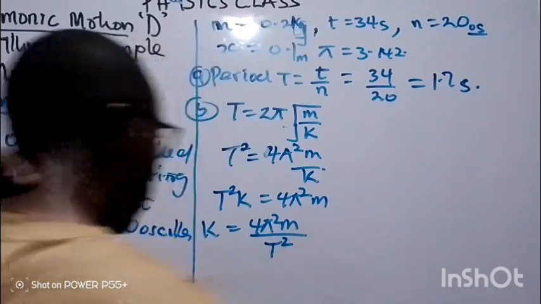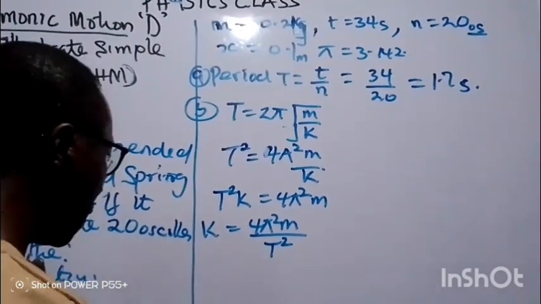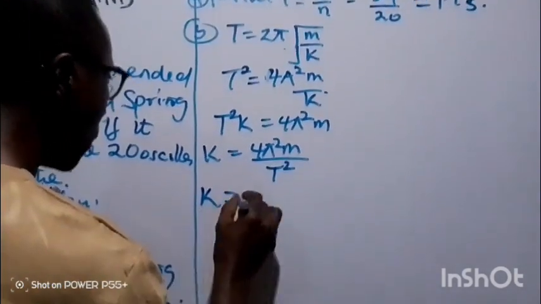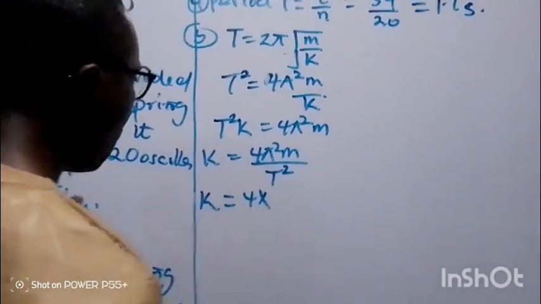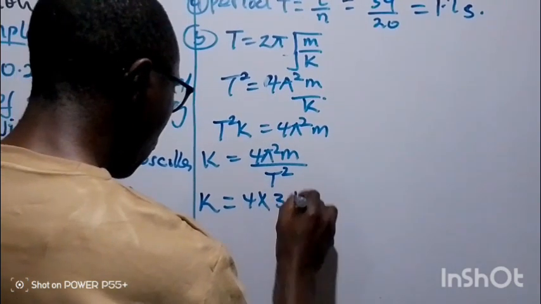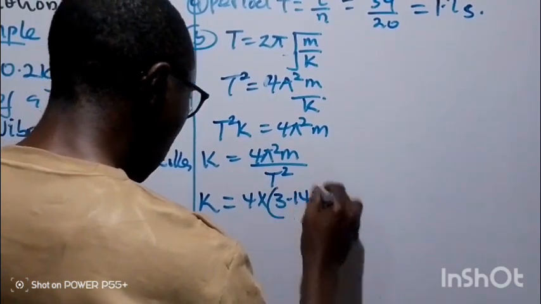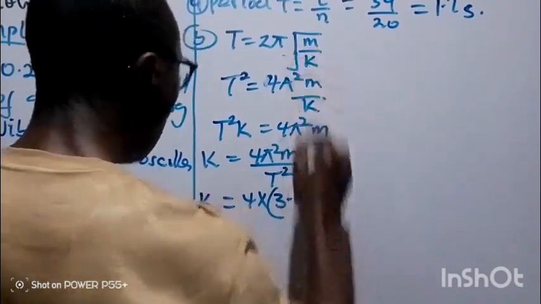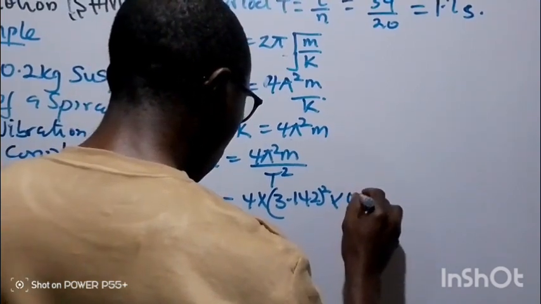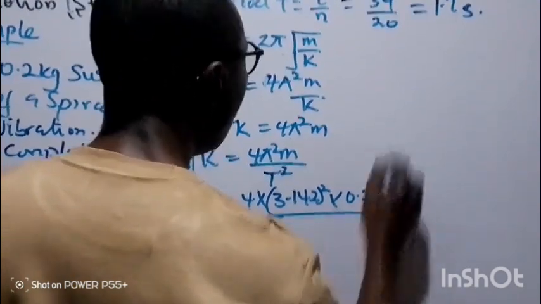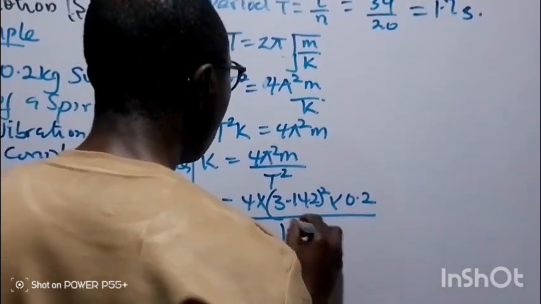Now put in all the values. K will be equal to 4 multiplied by 3.142 all squared, multiplied by mass 0.2, divided by 1.7 square.